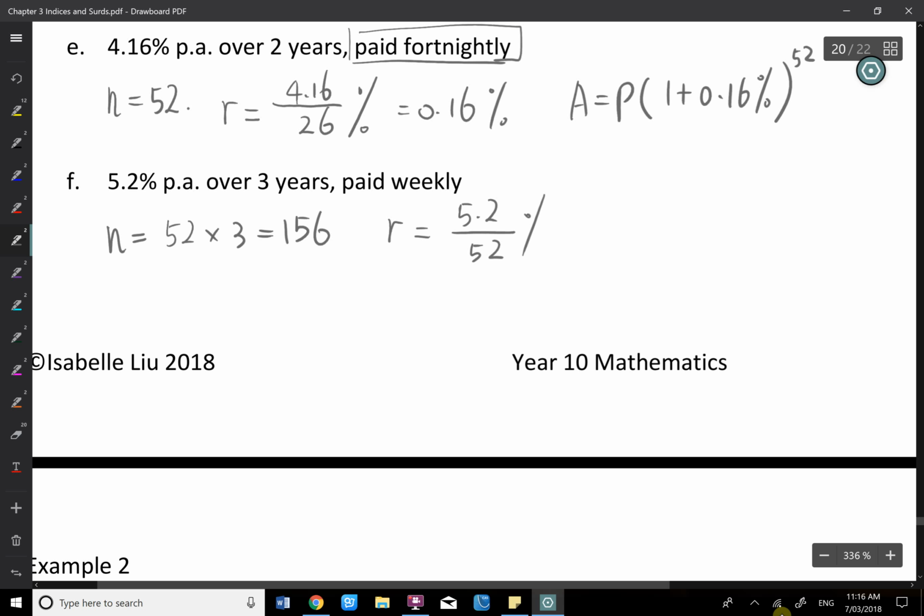So that's 0.1%. So the amount of money you have is the principal times 1 plus 0.1% and then to the power of 156.